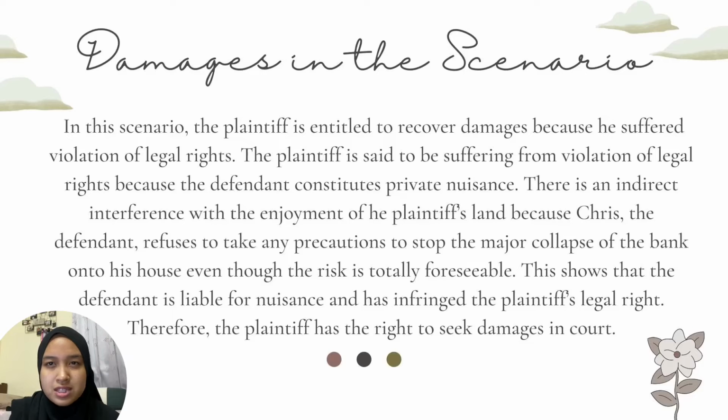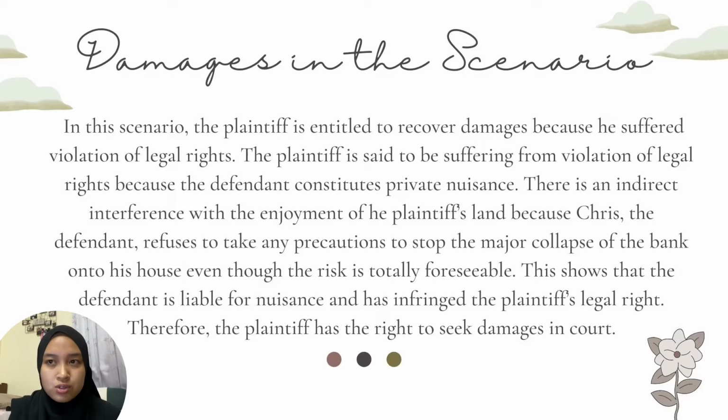The plaintiff is said to be suffering from violation of legal right because the defendant constitutes private nuisance. There is an indirect interference with the enjoyment of the plaintiff's land because Chris, the defendant, refuses to take any precaution steps to stop the major collapse of the bank onto the claimant's house, even though the risk is totally foreseeable and the plaintiff already informed the defendant regarding the risk.